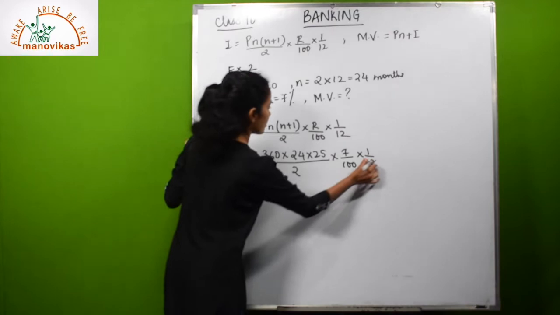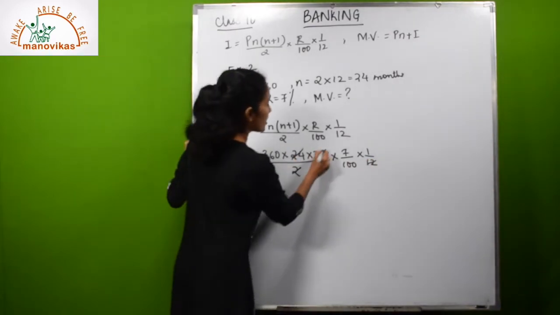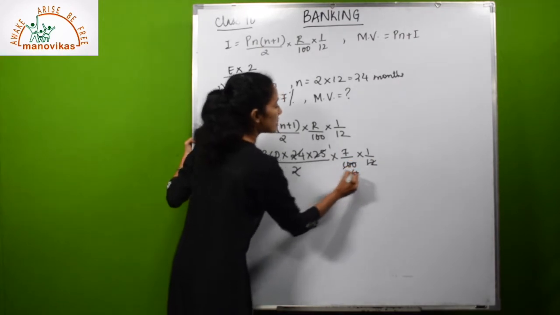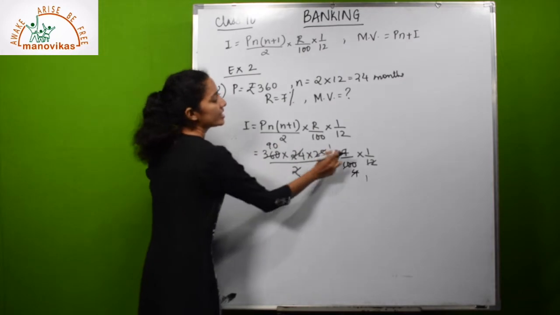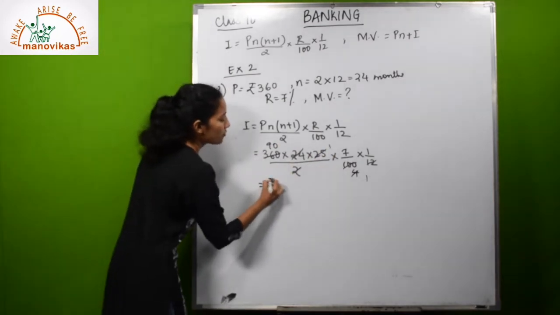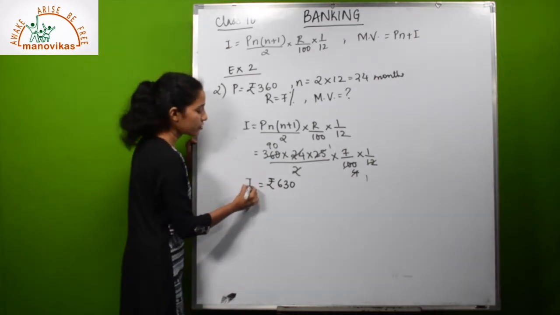So cancelling here, 12 into 2 is 24, that cancels, and 25 into 4 is 100, so 4 and 90. So 90 into 7 is equal to rupees 630. Do not forget to write the unit, that is rupees.